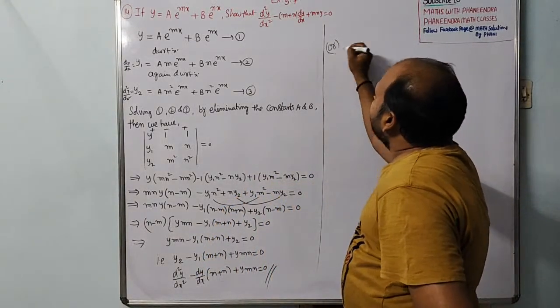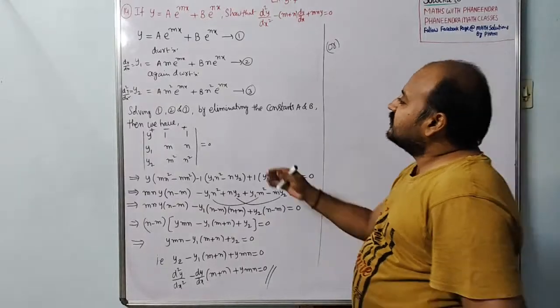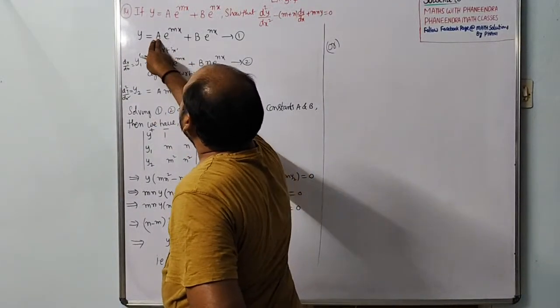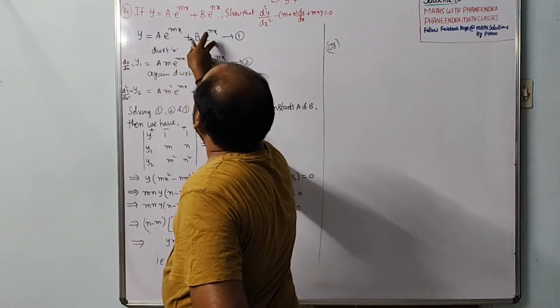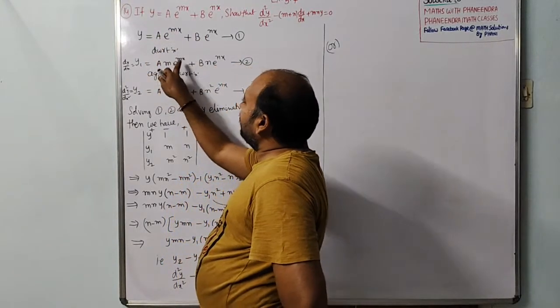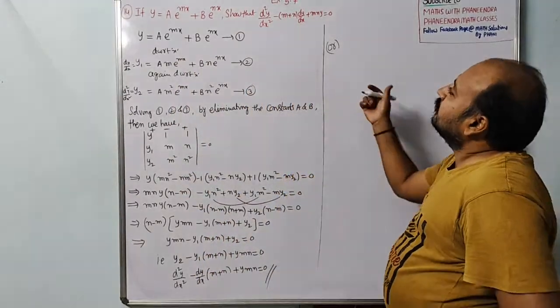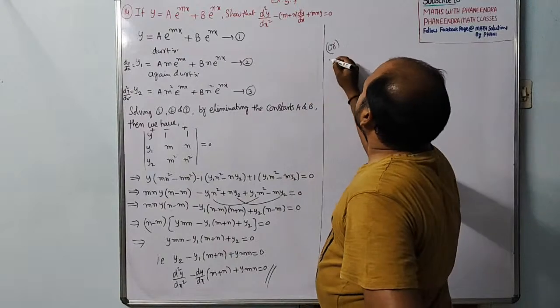Otherwise, alternate method, how to do? This is by eliminating arbitrary constants a, b from these equations. a e power mx coefficient, b e power nx coefficient in this equation, a e power mx coefficient m, n. Here m square, like this way we did it. Otherwise, you can take LHS.